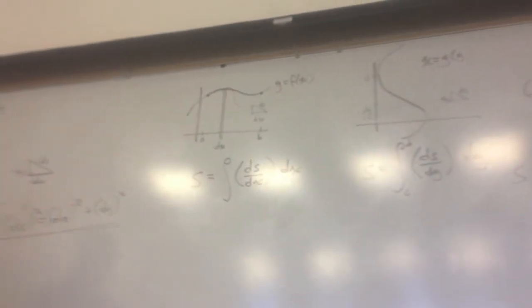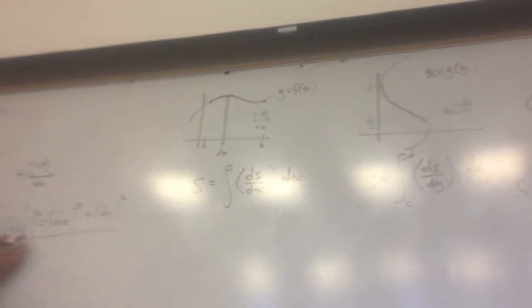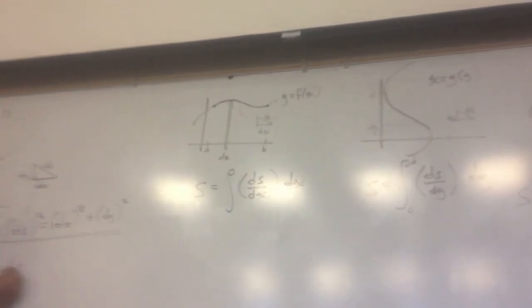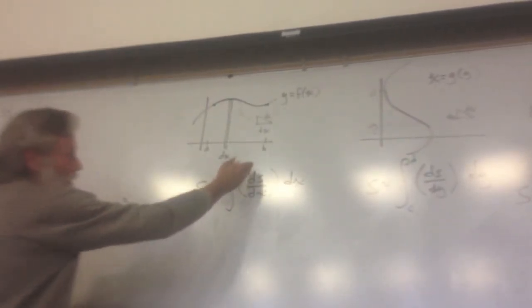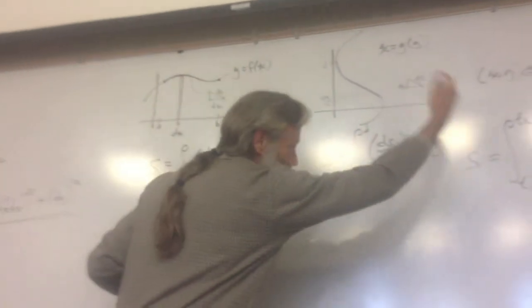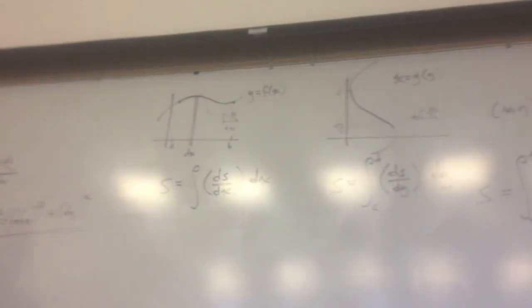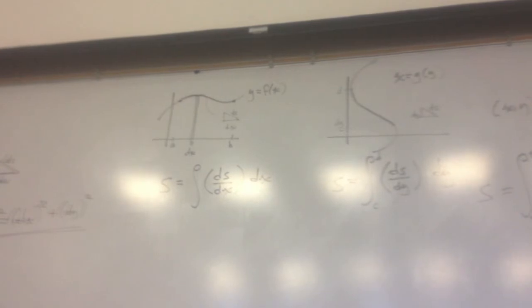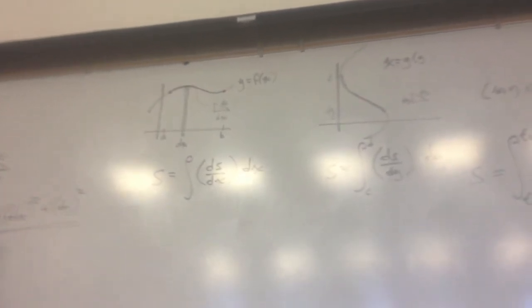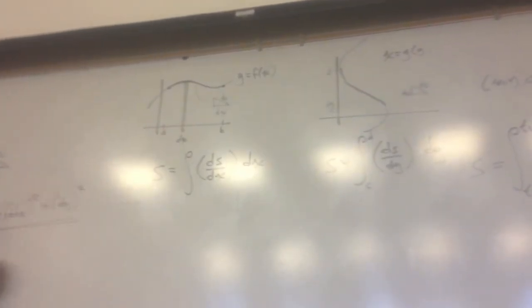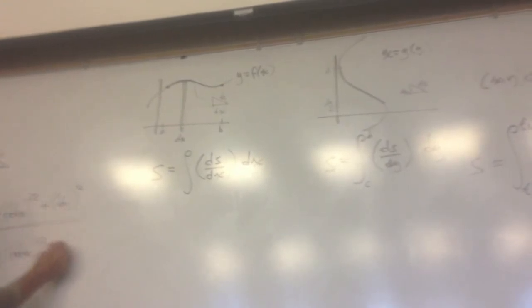So basically what I need to do is say, all right, what is the ds? I see a ds over dx, over dy, over dt. Let's get a handle on ds first. Well, ds, if you know ds squared is that, then it's got to be the root of dx squared plus dy squared.